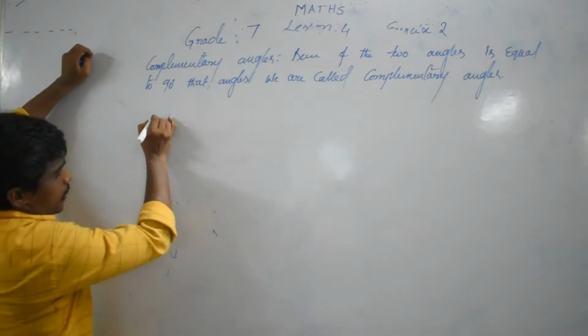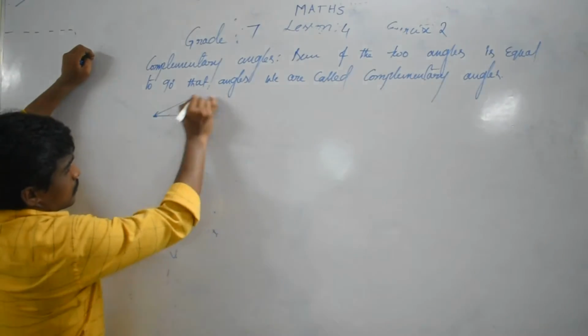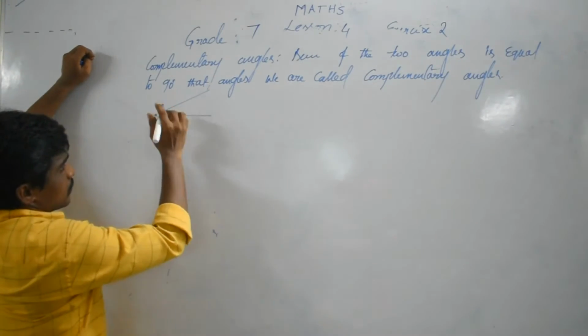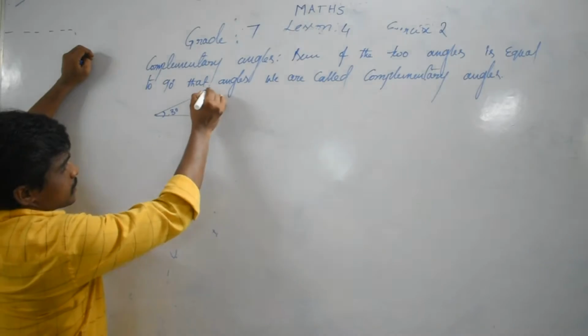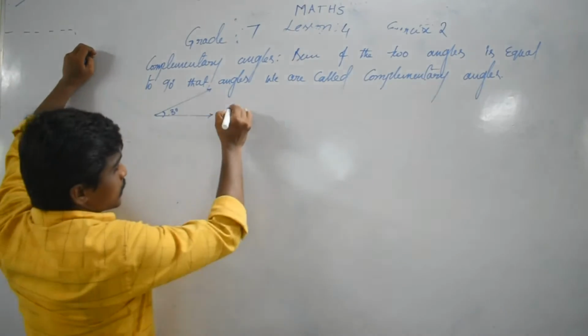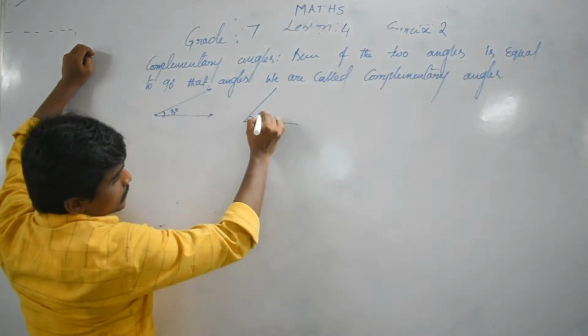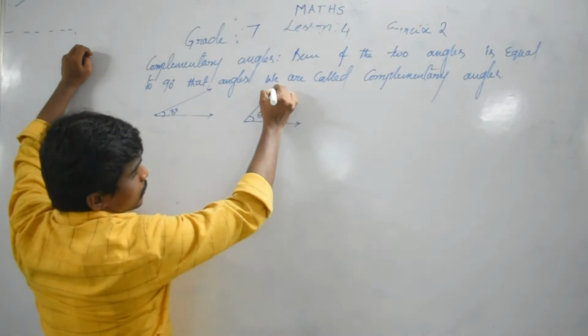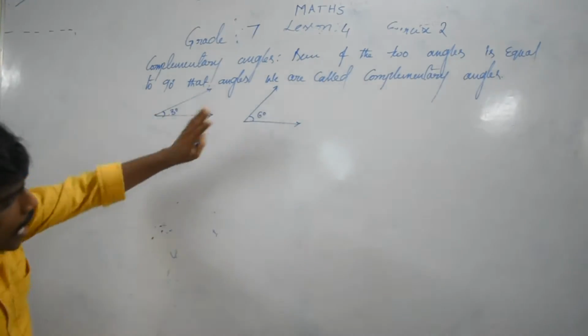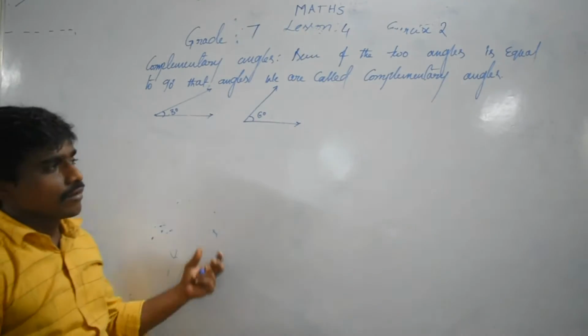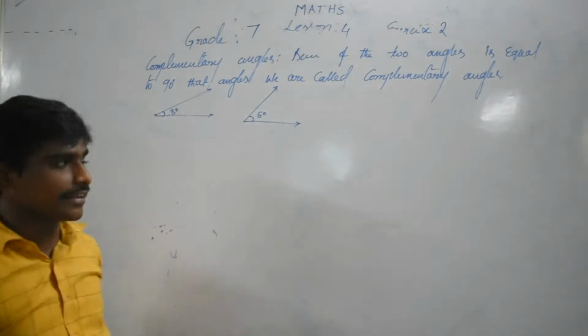Now this is one angle, 30 degrees. Now this is another angle, 60 degrees. So these two angles we are adding, how many degrees? 90 degrees.